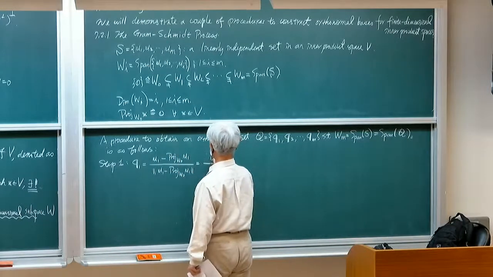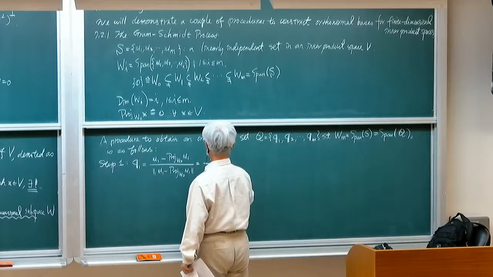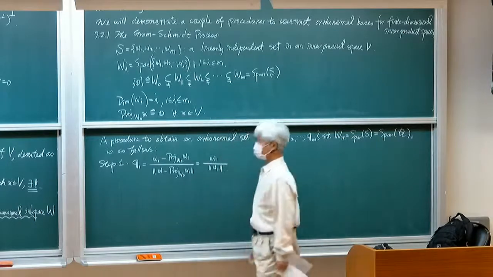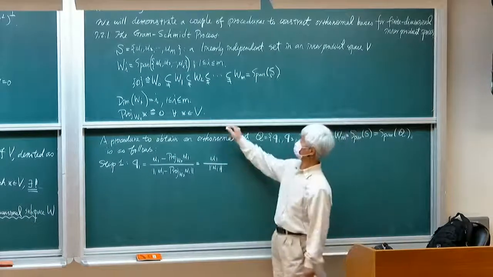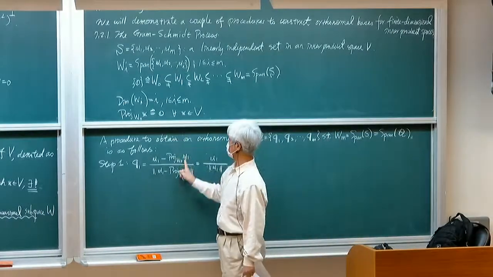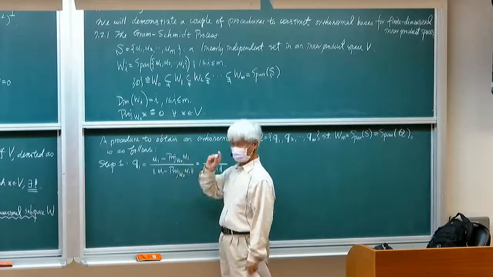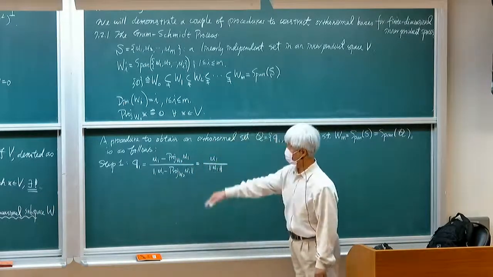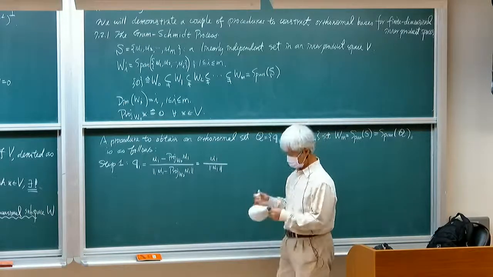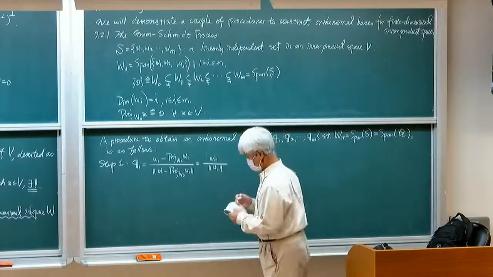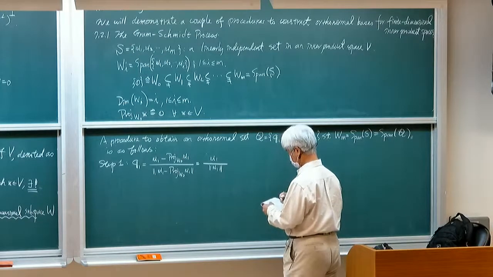But this is just U1, okay? Because the projection is 0. And I write this down to demonstrate the procedure in a certain symmetric way.